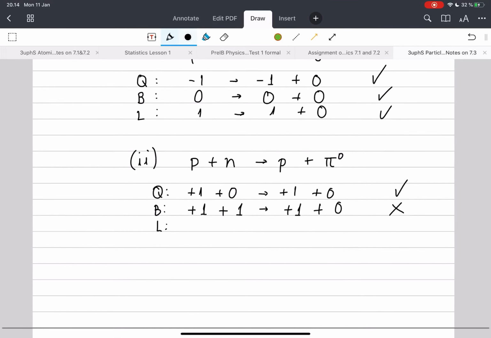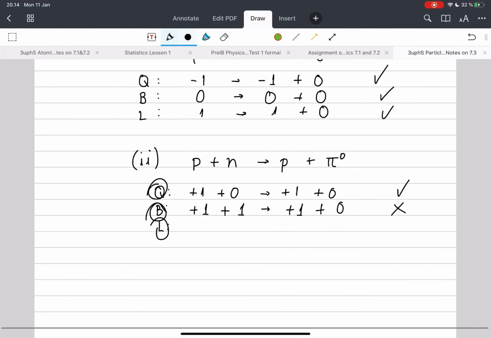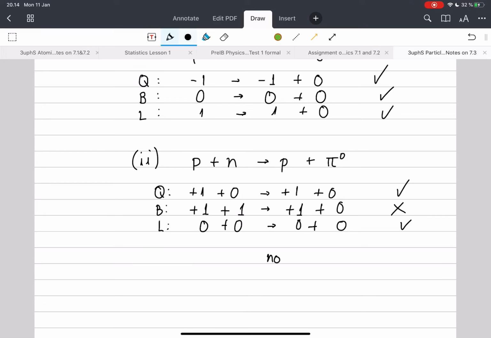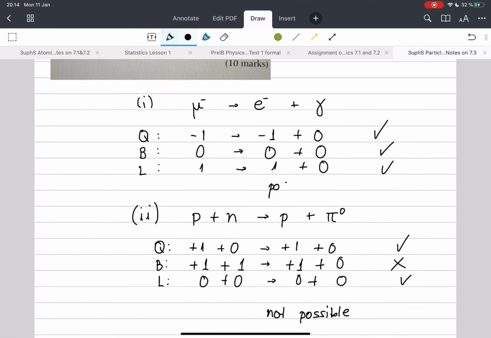When one of those Q or B or L is violated, then the reaction is not possible. There's nothing wrong with the lepton number here, but because B is violated, this reaction is not possible. The previous one was possible because everything worked.